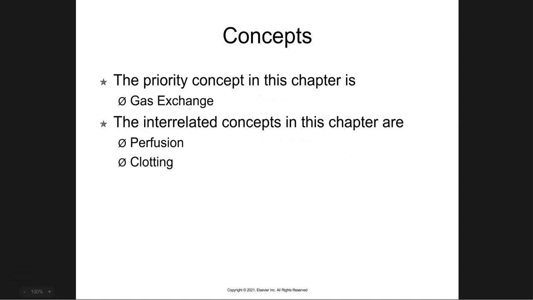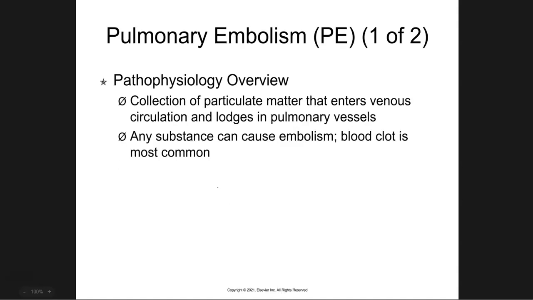So we're talking about gas exchange, and the interrelated concepts are perfusion and clotting, and we'll talk about that in just a minute. Why clotting? Because if your pulmonary embolism is caused by a blood clot, what can we do? We can shoot them. With what?